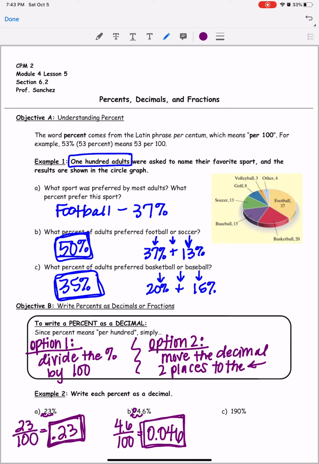And same thing on C: you're either doing 190 divided by 100 to get 1.9, or, since I don't see that decimal, it's at the very back, I'm going to move it 2 places to the left, which puts it right there between the 1 and the 9. So either way you do it, whether you divide by 100 in your calculator or you just move it 2 decimal places to the left.